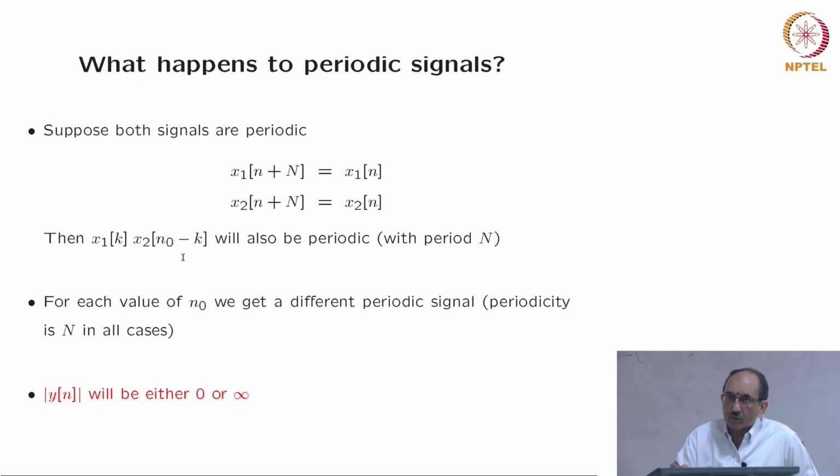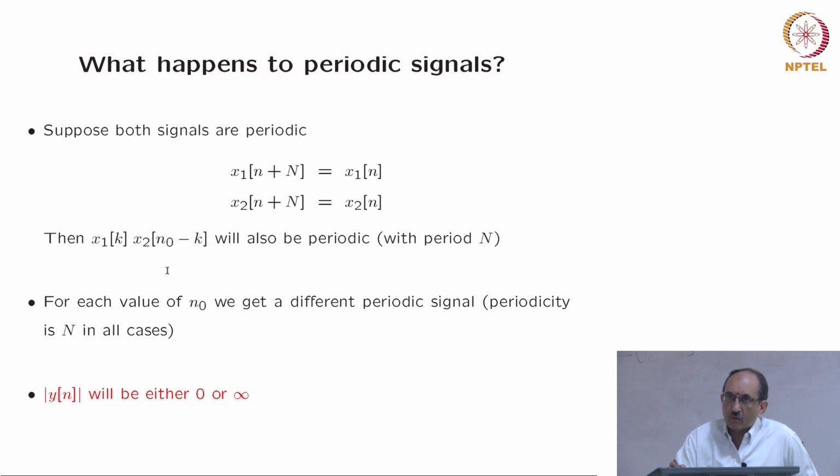And then remember, you need to sum this up over all possible values of k, and in the linear convolution the sum went from k going from minus infinity to plus infinity. And remember, n naught denotes the shift value; for each n naught we will get a different periodic signal, but periodicity is cap N in all cases.